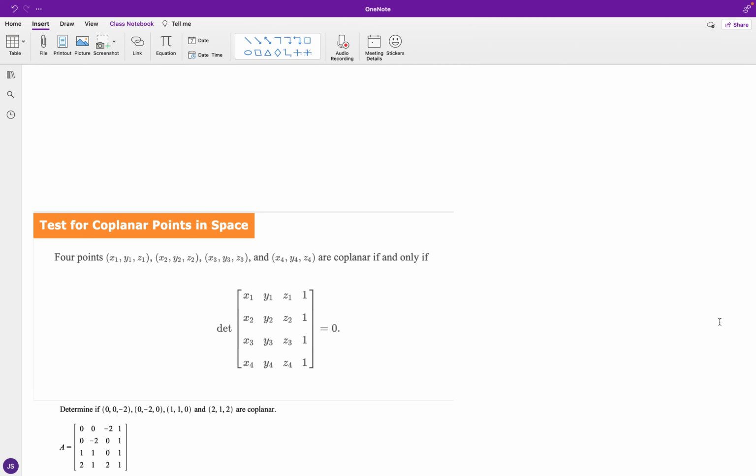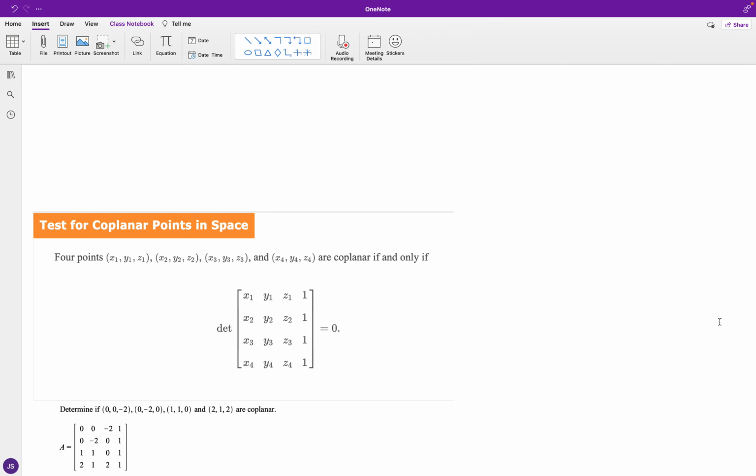Okay, moving on with geometric concepts in the realm of matrices and determinants, we have next testing for whether specified points are in the same plane.